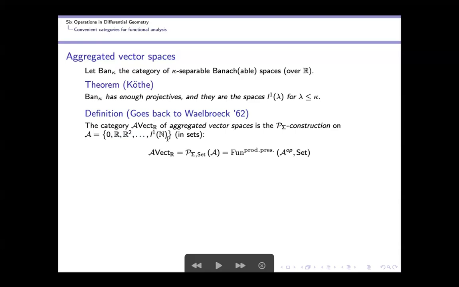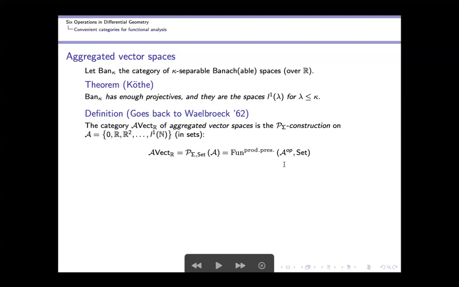And so the category that we're looking for, that has all the good properties, it's presentable, it has this tensor product, it's abelian. This category is the P sigma construction on this small category of projectives in Banach spaces.